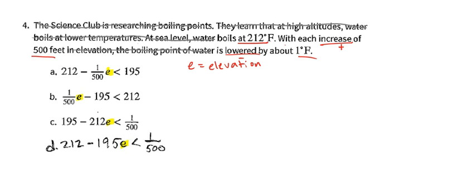Okay, this is a tricky one. I'm going to give you one more thing to think about. This part here, for each increase of 500 feet, it's lowered by 1 degree Fahrenheit. That's a rate.